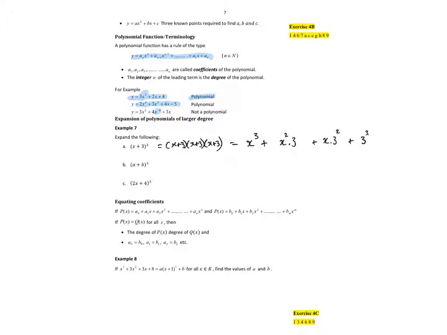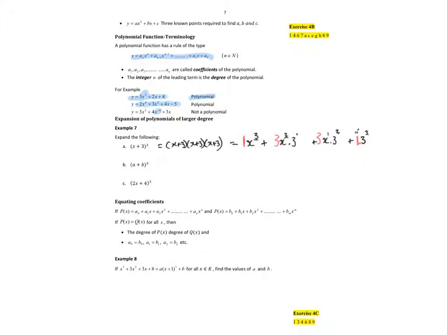So you'll notice it's x to the 3, x to the 2, x to the 1, and really that's the same as x to the 0. Then 3 to the 0, 3 to the 1, 3 to the 2, 3 to the 3. So the powers increase and decrease by 1 as we go along. The only thing we've got to be aware of is the coefficients out the front are 1, 3, 3, and 1 every time.